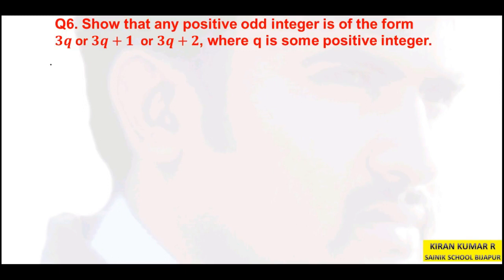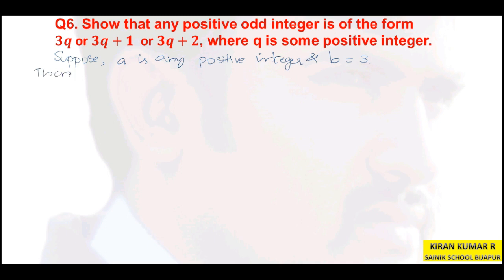Let's solve the next question. Show that any positive odd integer is of the form 3q or 3q plus 1 or 3q plus 2, where q is some positive integer. Suppose a is any positive integer and b equal to 3.